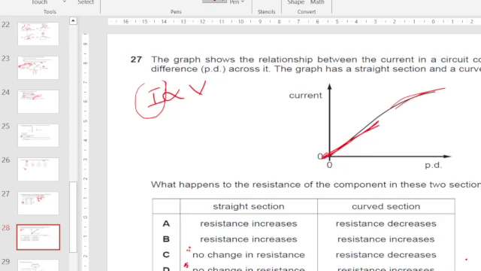Okay, so in this section, as current increases, its resistance also should increase. So V is equal to IR. As current increases, resistance also increases. So for this question 27, option D is the correct option.